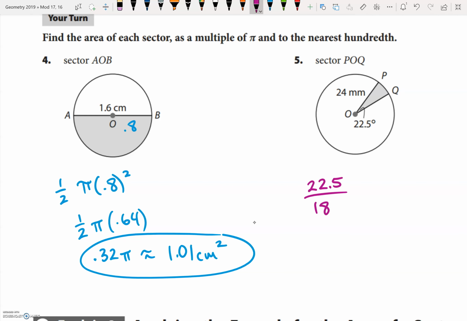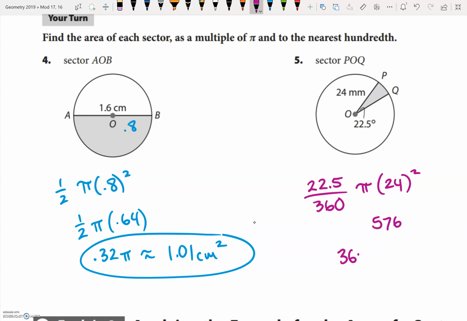And then for our second one, we have 22.5 over 360 times pi r squared, so pi times 24 squared. 24 squared is 576. 576 times 22.5 divided by 360.